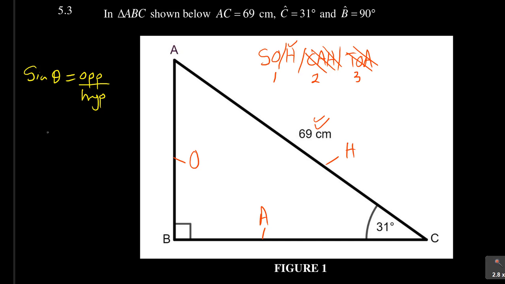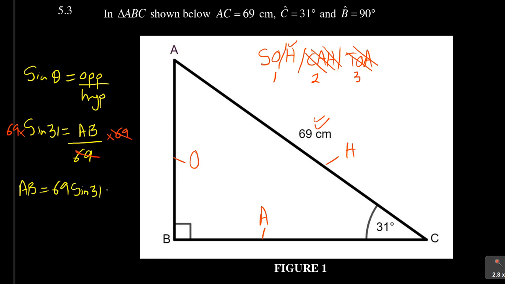Now I know my angle, sin 31 is equal to opposite, which is my AB, over my hypotenuse, which is 69. So again, using the same principle, I multiply by 69. You also multiply by 69, so that you cancel there, and I have my AB is 69 sin 31.